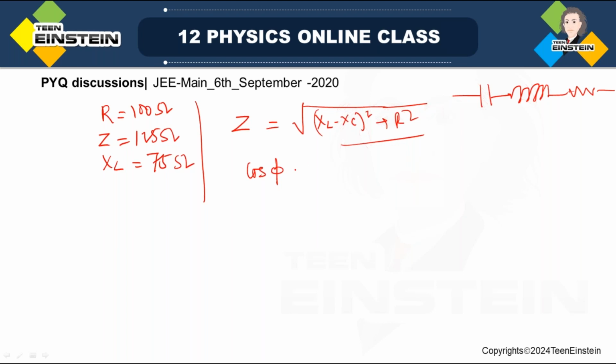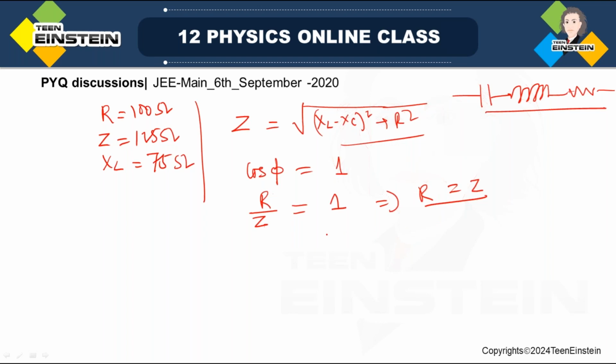So again, cos phi is equal to R by Z. If R by Z has to be equal to 1, then R has to be equal to Z in the case of the LCR circuit. The impedance has to be equal to the resistance, and that is possible.